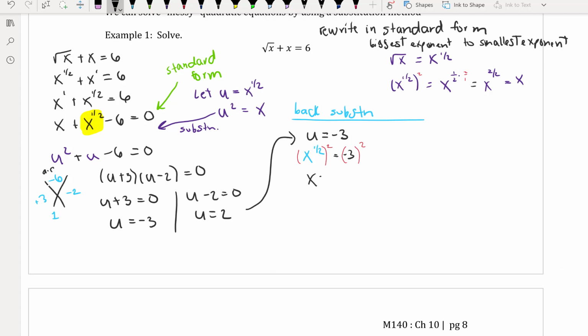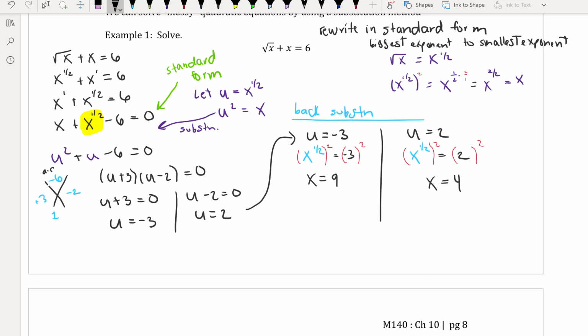So now I have that x is equal to negative 3 times negative 3, which is a positive 9. And for the other one, I had that u was equal to a positive 2. Remember, the real value of u was x to the 1/2, and that was equal to 2. So to undo that 1/2, I have to square it on both sides. So I'm going to get that x is equal to a positive 4.